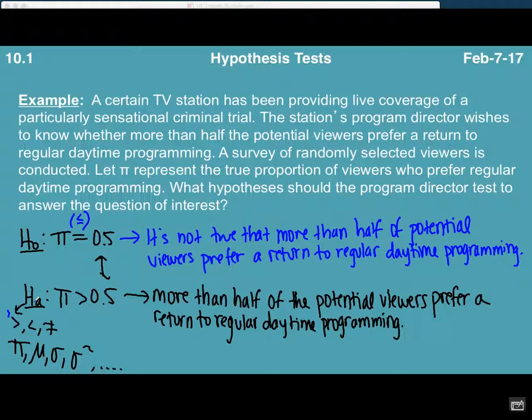I know that it doesn't sound very nice, but I think it's the most correct way to say it. The other way that you could say is at most half of potential viewers. You cannot say exactly half, because although that's the way it's written, that's not the way it's understood. Would less than or equal to half of the potential viewers also be correct? That would also be fine.